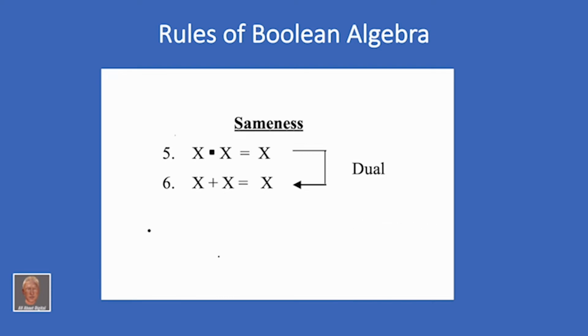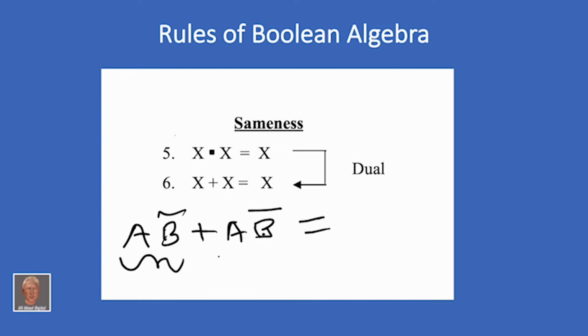What if we have something like AB bar plus AB bar? What's that going to be equal to? Well, the sameness rule applies to the whole term. If the terms are identical, AB bar is the same as AB bar, that's just going to be equal to AB bar.